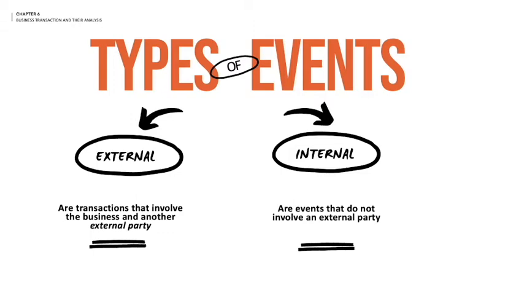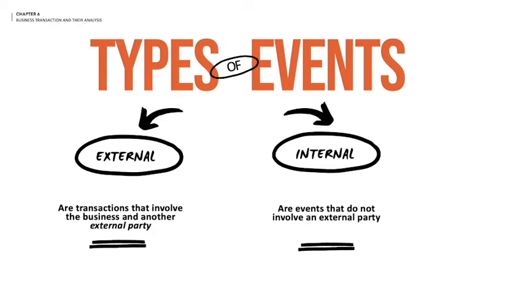On the other hand, external events are transactions that involve the business and another external party. What are these internal and external events? Internal events are transactions that involve only the company. Let's say we consumed our supplies. We had supply expense. That's internal because it's only us. There is no other party involved. We consume the supplies. In the production of our goods, only we are involved, right?